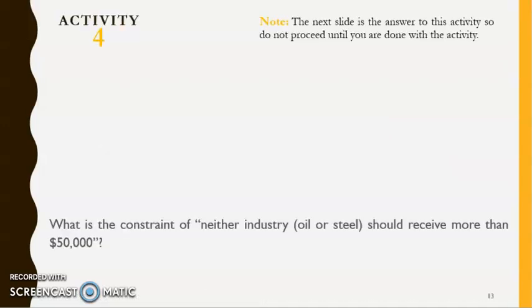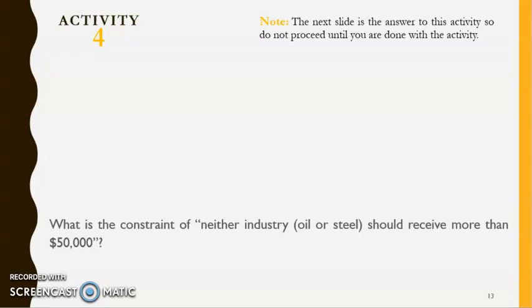So we go for the next constraint, which talks about the fact that neither industry, oil or steel, should receive more than $50,000. The oil industry has two companies. The steel industry has two companies.